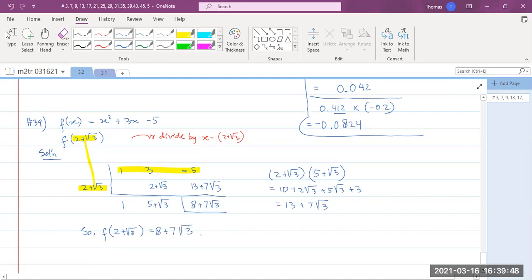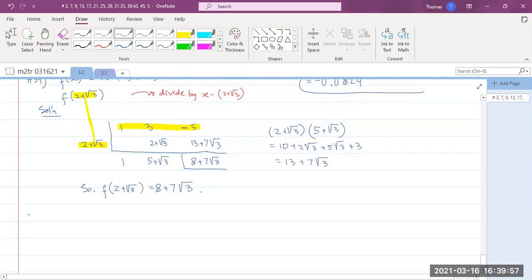Okay. That's for number 39. Number 41, similar to what we have done before. Use synthetic division to show that c is a zero of f(x). f(x) is 3x to the 4th plus 8x cubed minus 2x squared minus 10x plus 4.